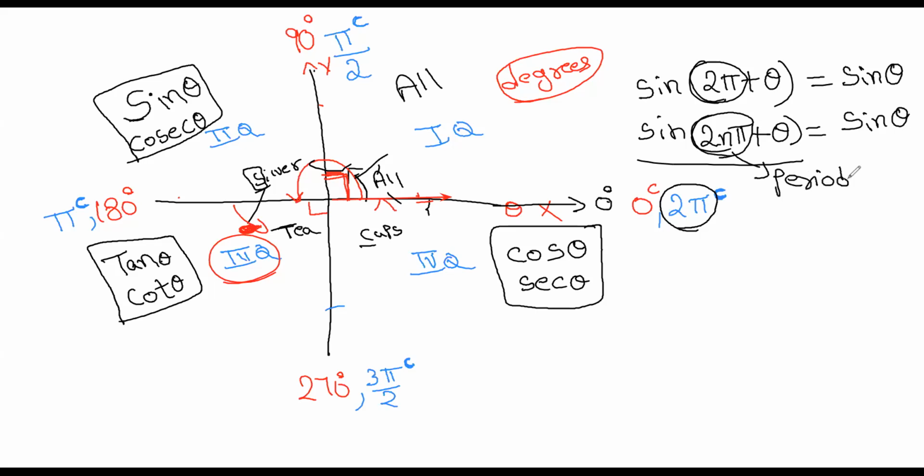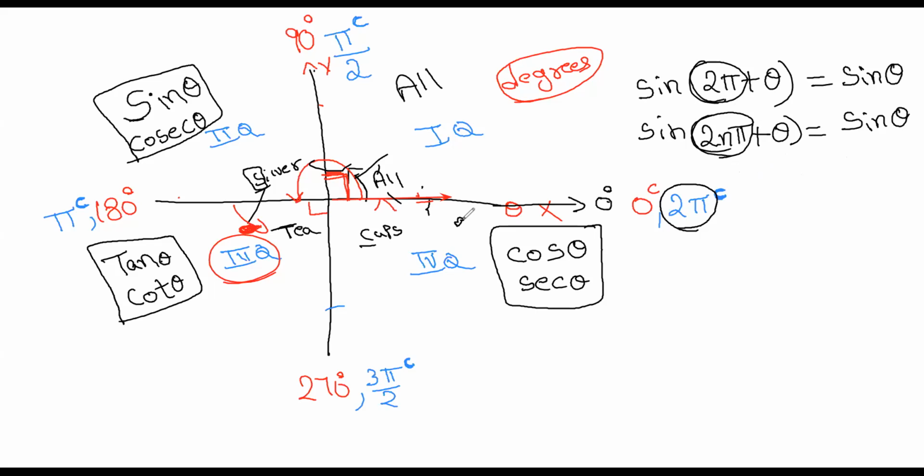When you come to waves, we will call it time period. Here it is period because it is repeating after some interval, and that interval is called period. 2n pi is nothing but 360, 720 or 1080 and so on.